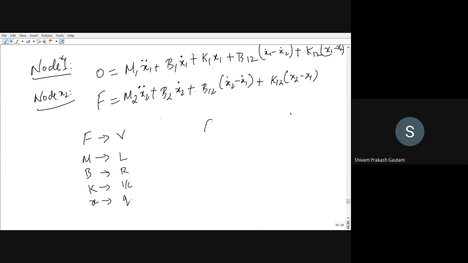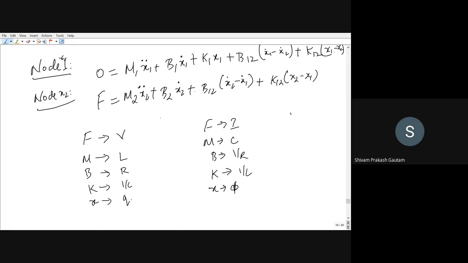Similarly, in force-current, force is analogous to current, mass is analogous to capacitor, friction, that is damper, is analogous to 1 by R, spring is analogous to 1 by L, and X is analogous to phi.